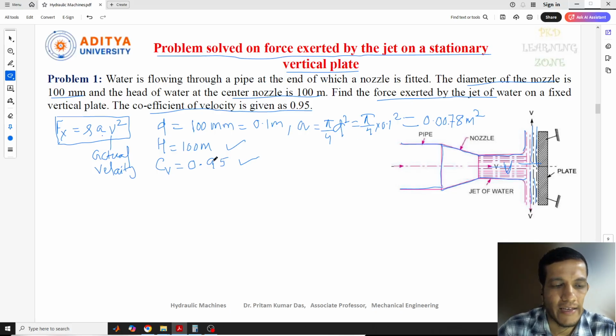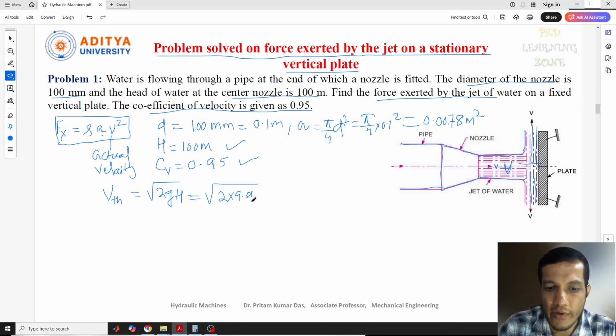Okay, and next, as I told you, first we need to calculate the theoretical velocity of the jet, then we can go for the actual velocity. So we know that the theoretical velocity of the jet of water, v equals root over 2gh, and here we can calculate the theoretical velocity. This is 2 into 9.81 into h, which is 100 here.